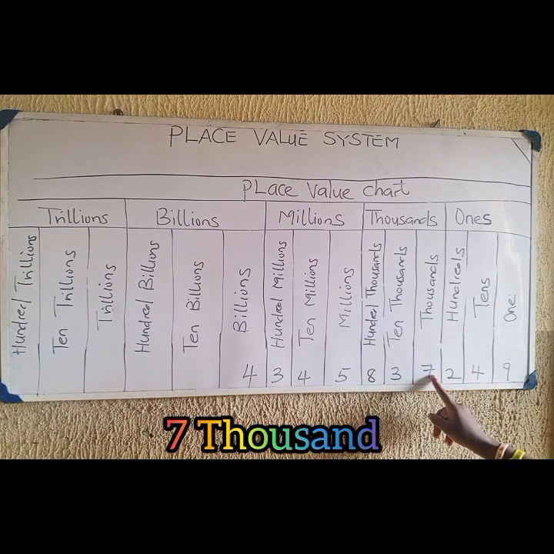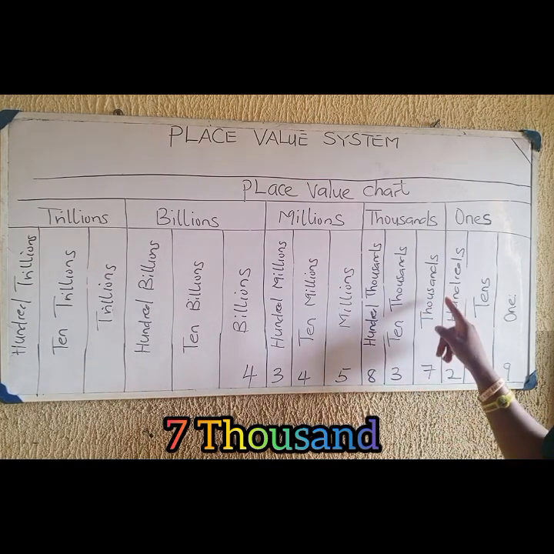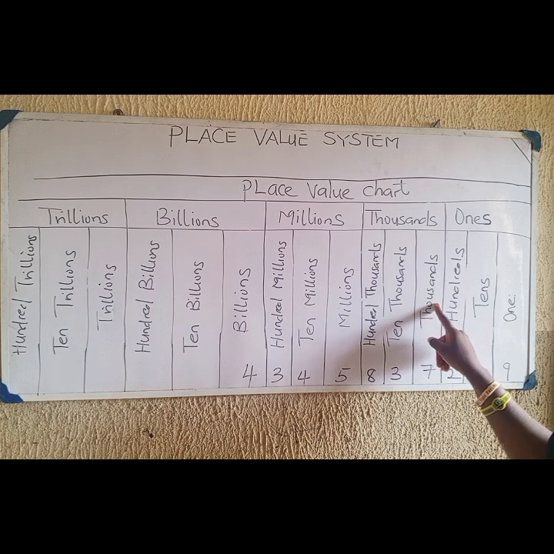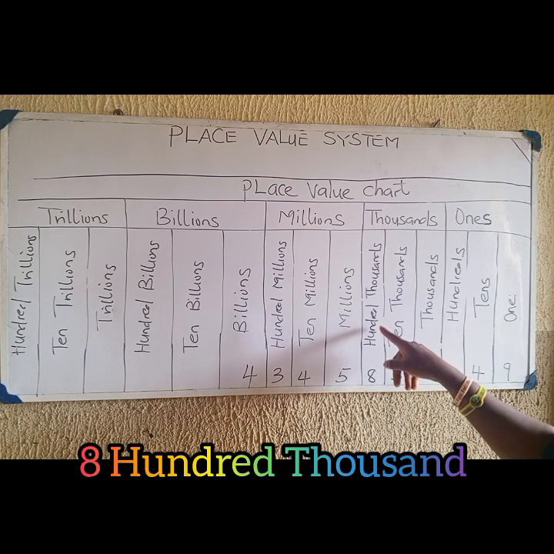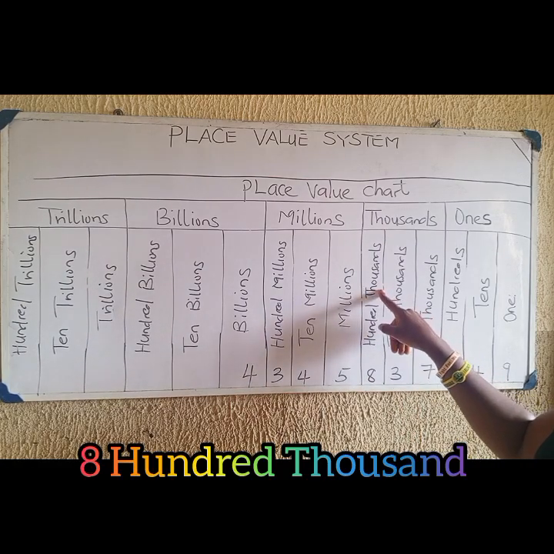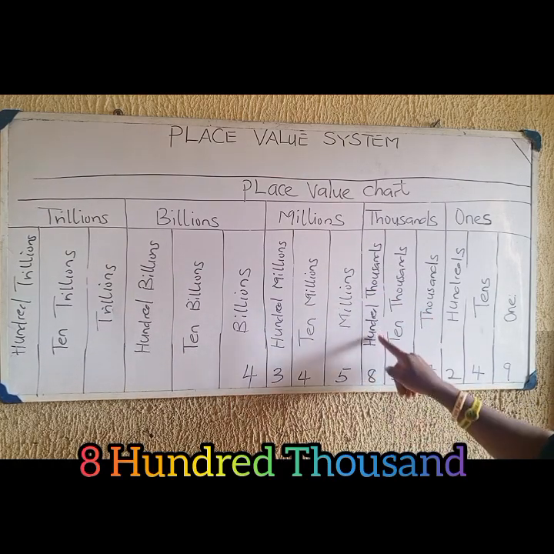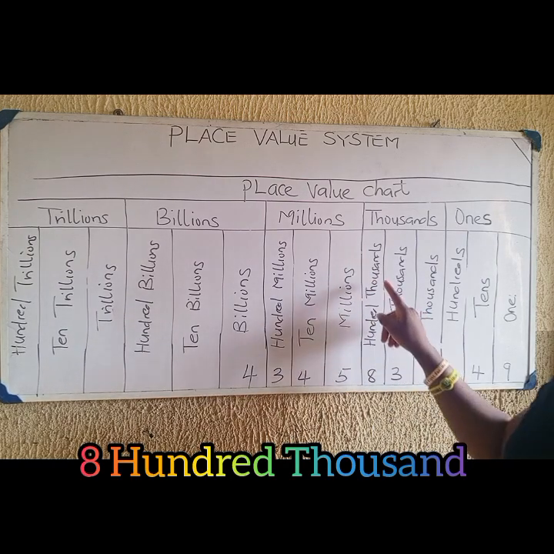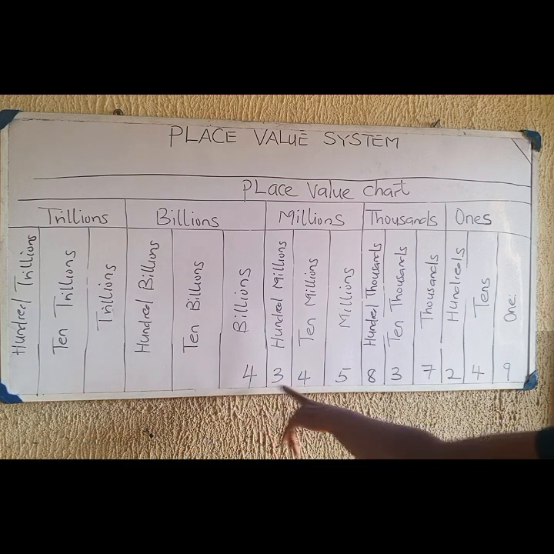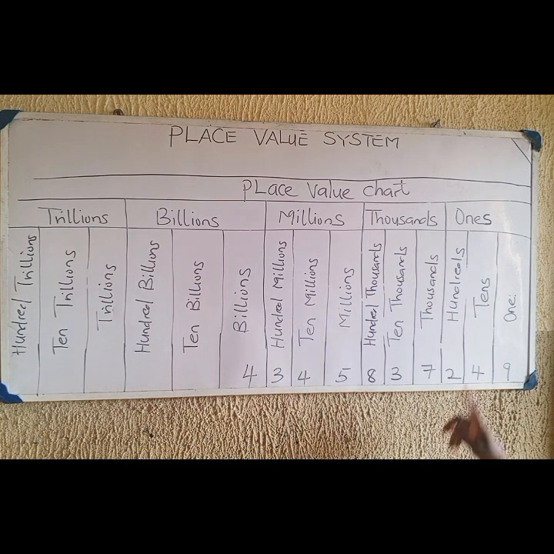So the place value of this 7 means what? 7,000. And what is the place value of 8 here? Under the 8 we have 100,000. So 8 times 100,000 will give us what? 800,000.